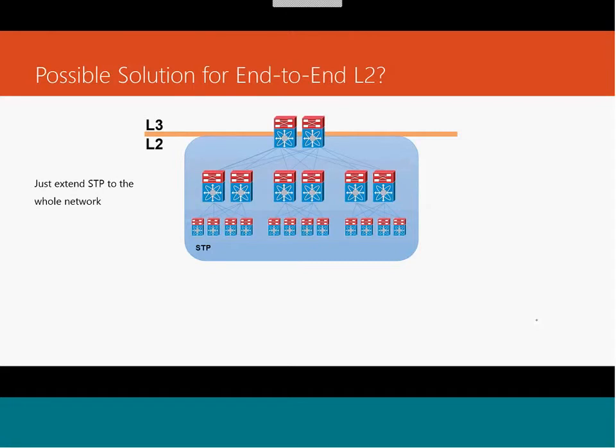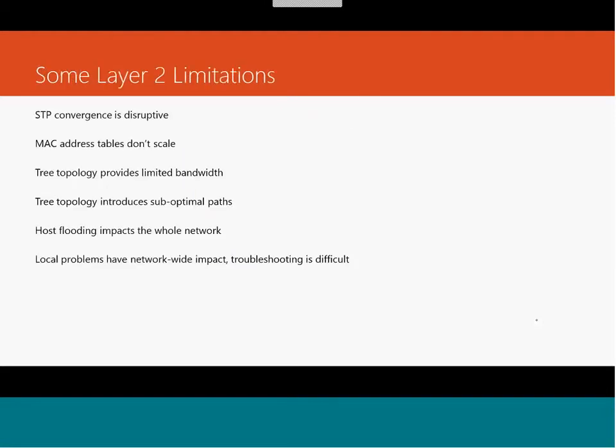Right. Apart from that, the MAC address table is one of the limitations, because with the number of hosts, you have to scale the number of MAC addresses supported within the MAC table. Every device within the layer 2 topology has to maintain that amount of MAC table to do the forwarding and the lookups, right?